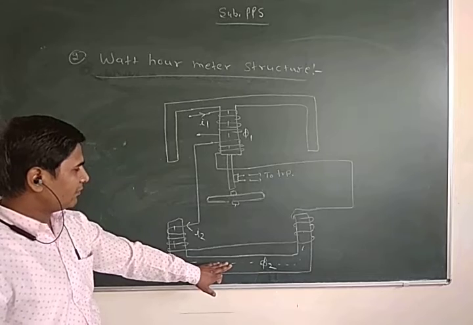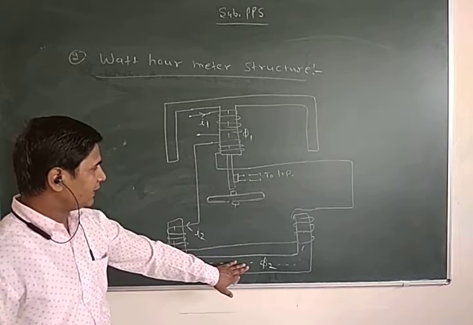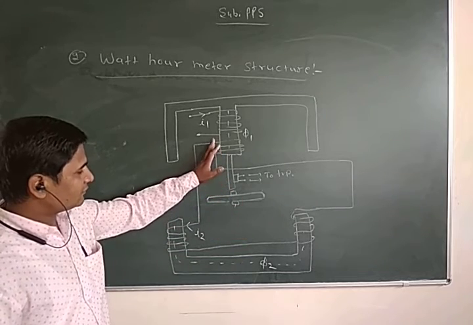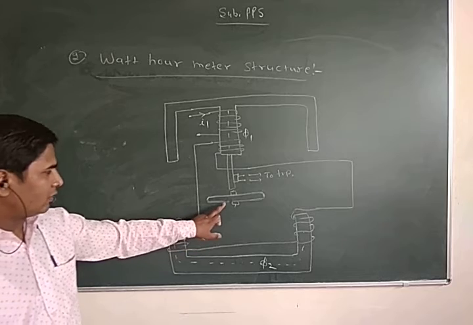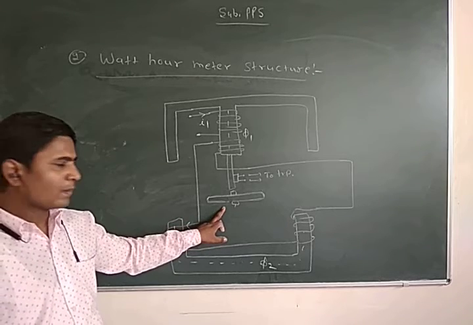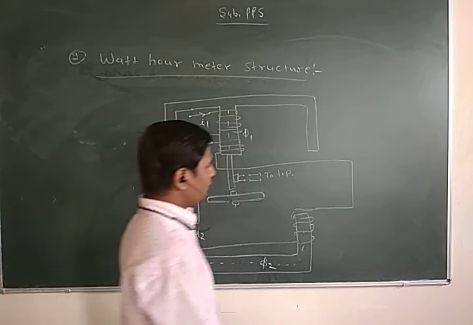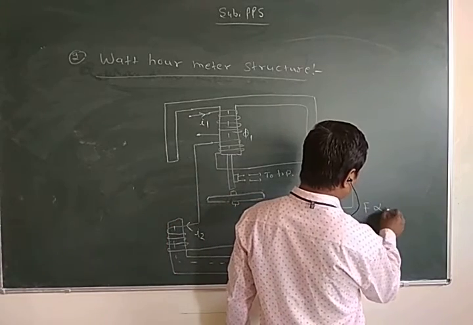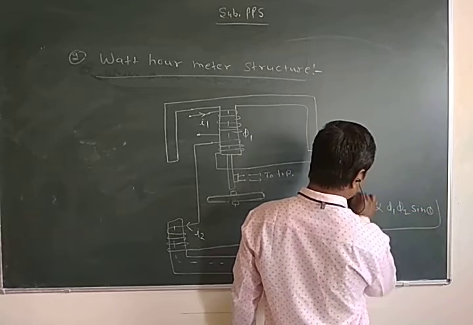Similarly, the working principle is the same. Interaction of flux phi 2 with I1 and flux phi 1 with I2 produces two forces on this disc, and our disc rotates based on the phase displacement of phi 1 and phi 2. So here net torque is directly proportional to phi 1 phi 2 sin theta.